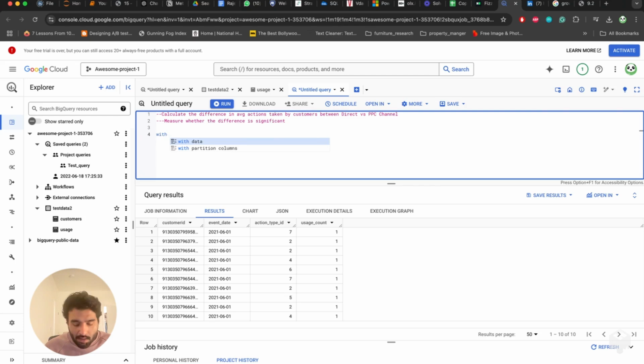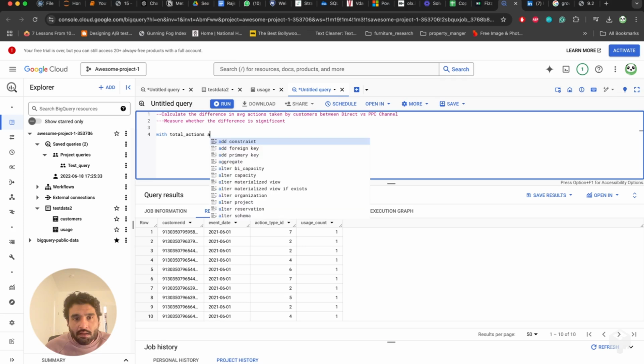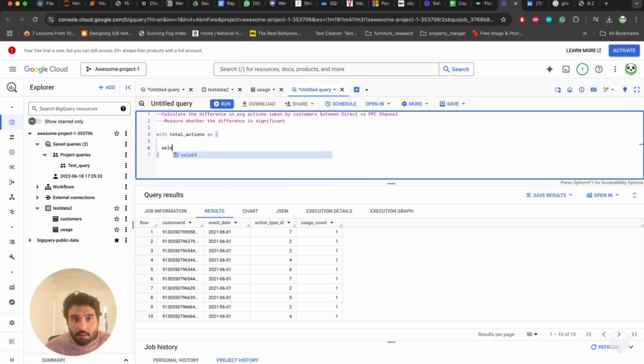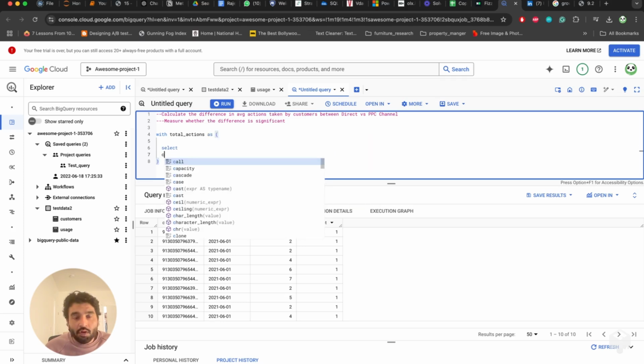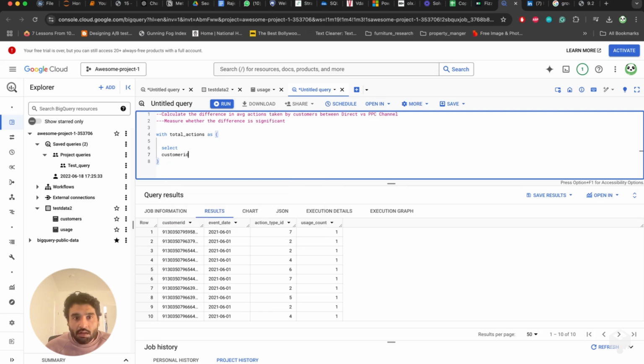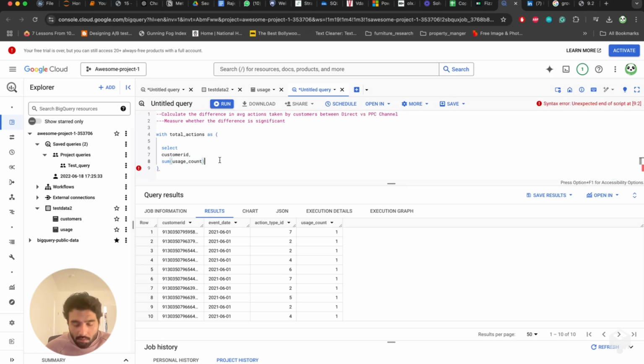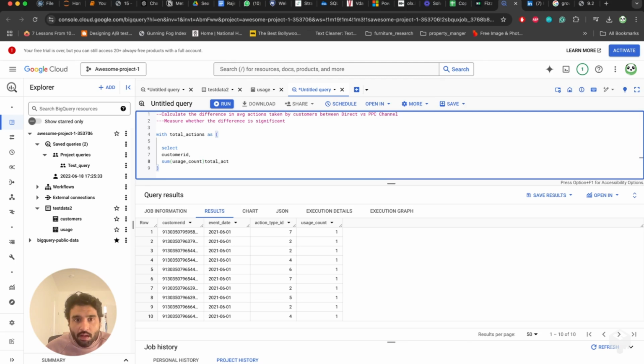Let's call this CTE total actions: select, for each customer, the sum of the usage count as total act from test data 2 dot usage, grouped by 1.